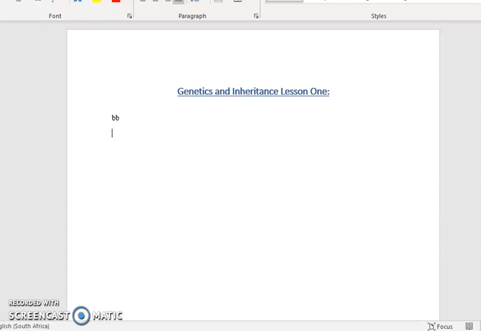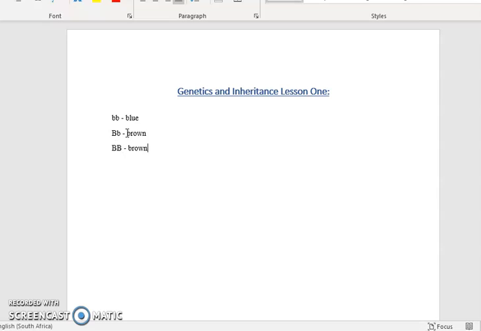Your other options for different colors of eyes are a capital B and a small b, or two capital Bs. We're going to look more at how we come up with these things in another lesson, but I just want to do this to make sure that this is understood. So small b and small b means blue eyes. A capital B and a small b would mean brown eyes, and two capital Bs would also mean brown eyes. But we'll go over this a little later.